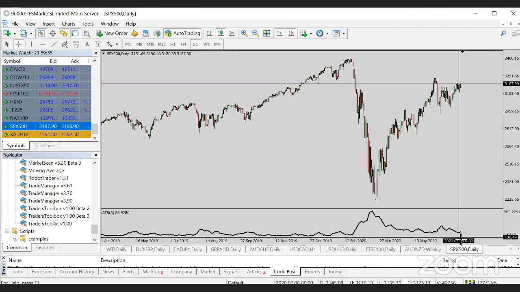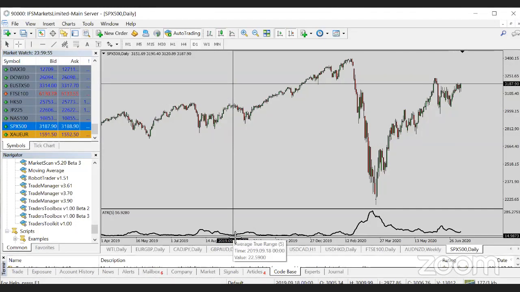But what I also noticed was that when volatility on the S&P got down around 20, here, you could sell it. And when the ATR 5 gets under 20 on the S&P, it looks like they stop buying.